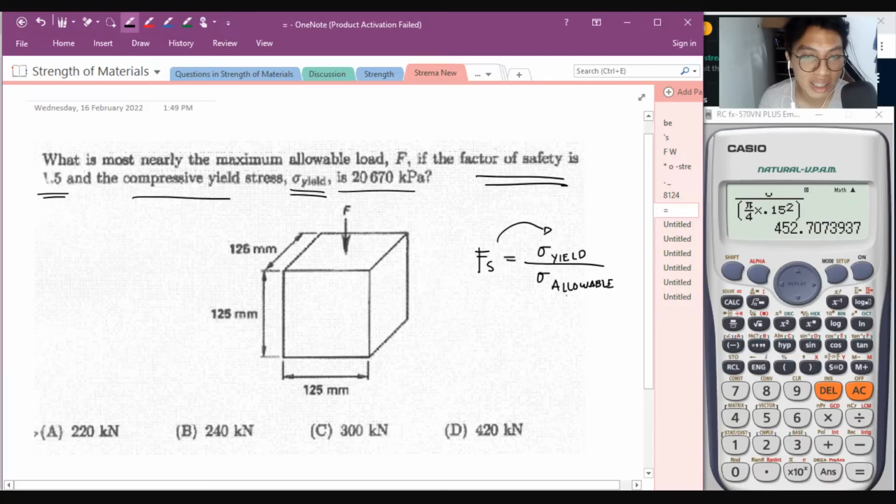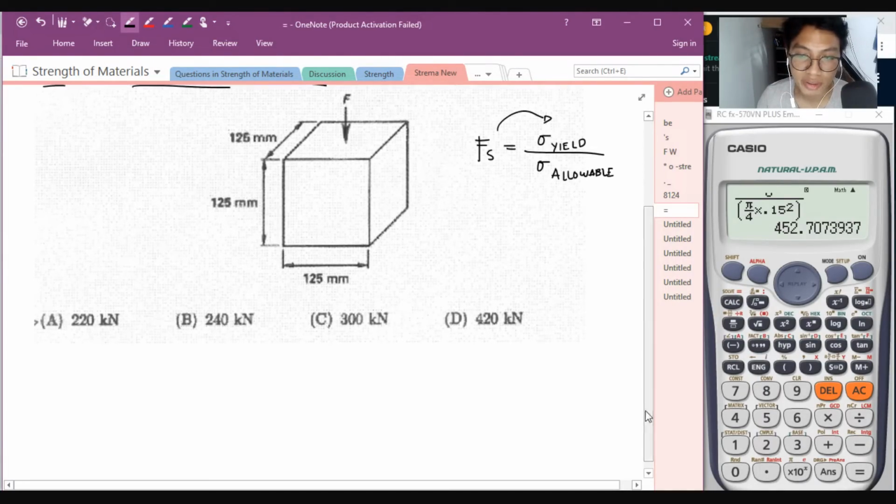So, anong hinahanap dito? Maximum allowable load. So, ibig sabihin, 1.5 na beses mo siyang pwedeng i-loading bago siya mag-yield. Okay? So, the allowable is equal to yung sa yield tapos divide mo ng factor of safety.